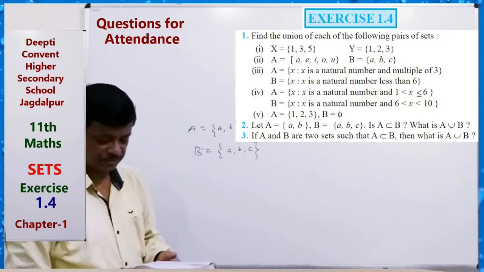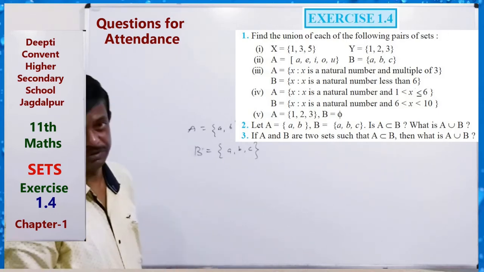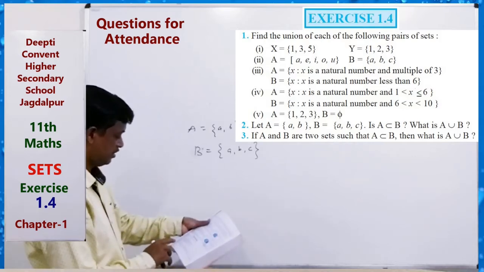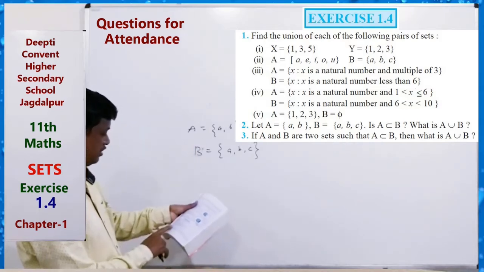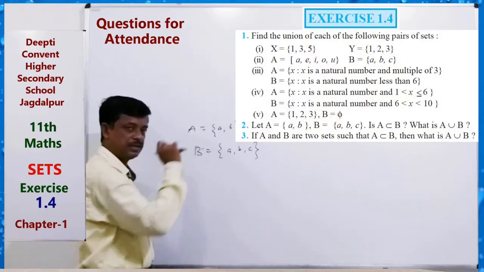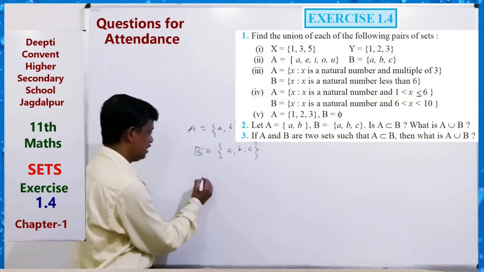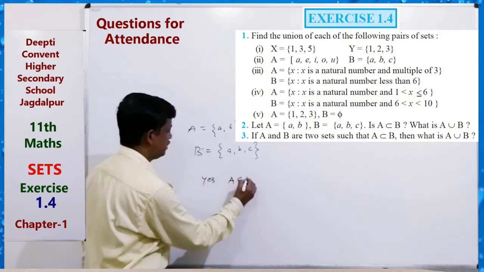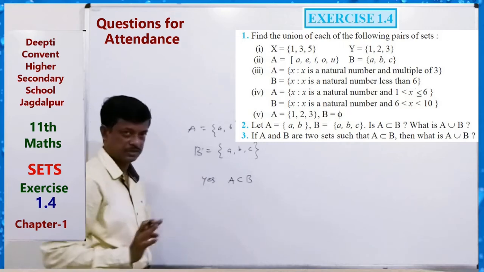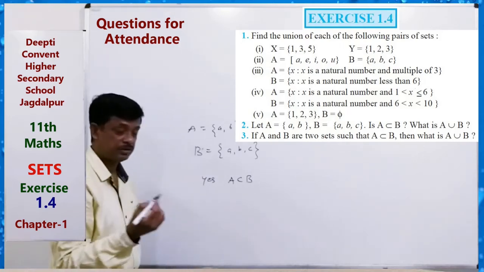A is a subset of B. And what is A union B? Here we see that a, b and a, b, c both are contained here. That is yes, A is a subset of B because all elements of A are also elements of B. What about A union B?